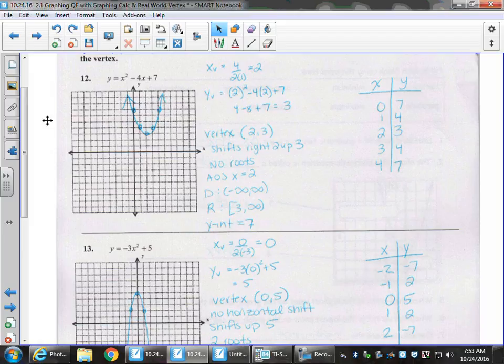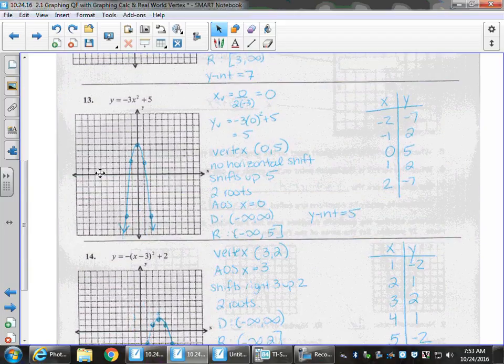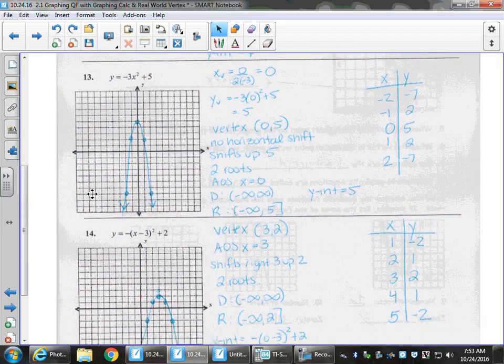You're making me second guess myself. I can't remember from Friday. 13. Did you mean 13 to talk about? No? We did 12, but somebody had said to do one out, so I was just trying to figure out which one that was. I had some good questions on Remind for 13. What form is 13 in? Standard. What's the B term? 0. That was the key for that one.